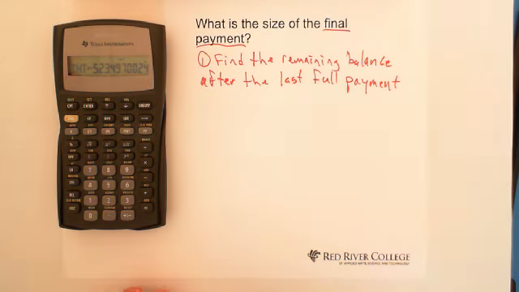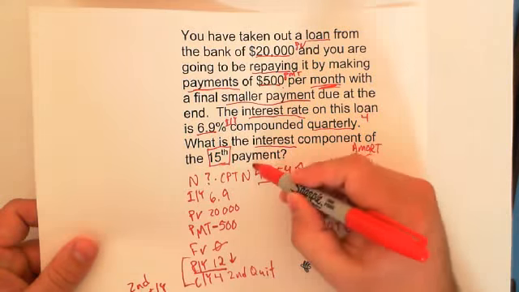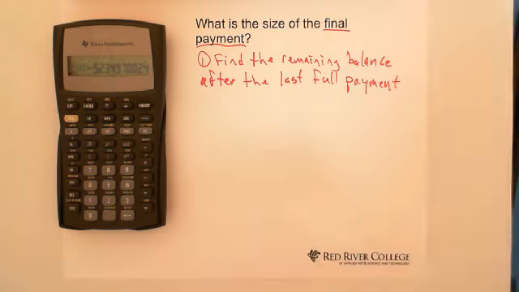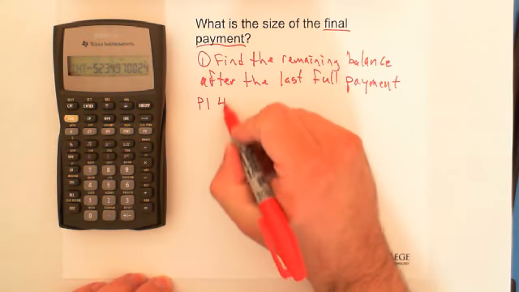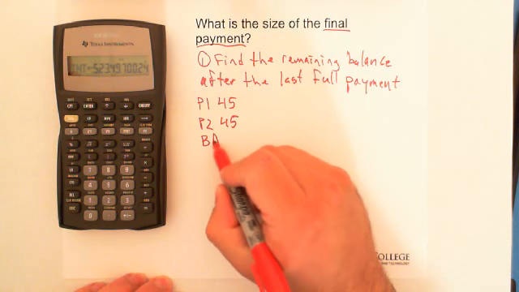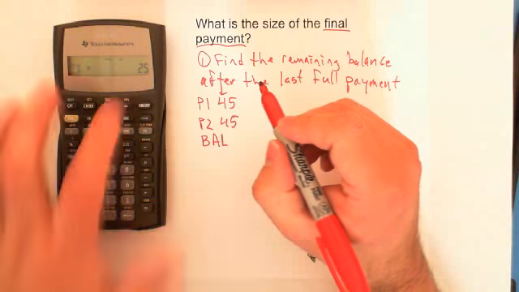So we'll bring that back one more time. The 45th payment is our last full payment. So what we want to do first is start with P1 45, P2 45, and go to the BAL, the balance. We'll push the down arrow once to get back to the P1.